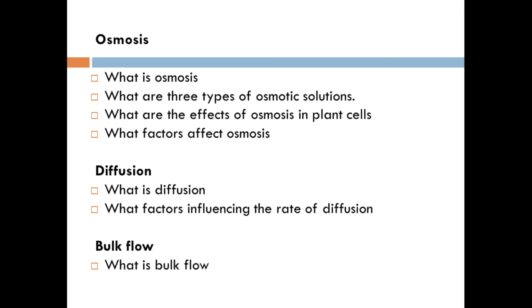So bulk flow is simply the movement of water from where it has high pressure, and this high pressure is being caused by the amount of water that is available, to where pressure is low. And pressure is low, why? Because there is less water that is available.